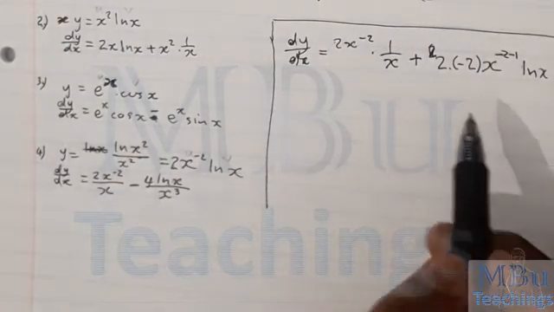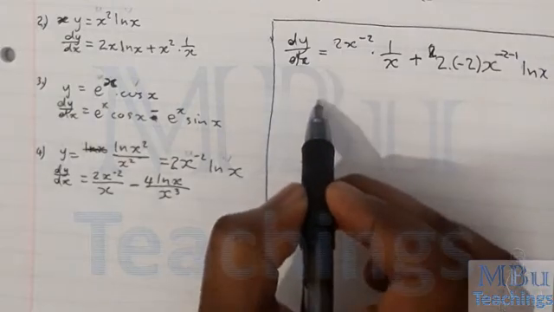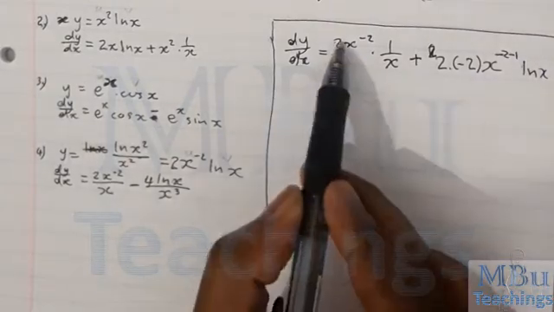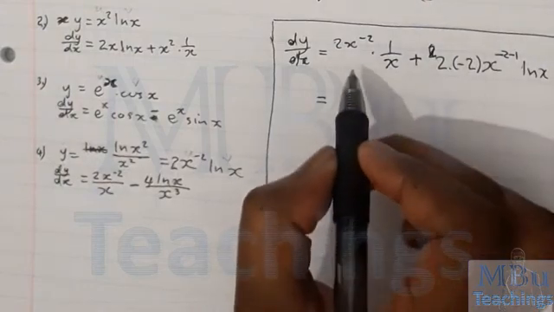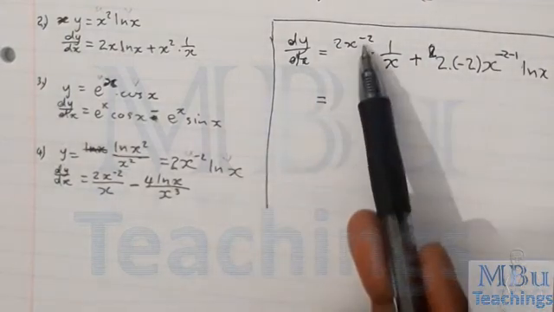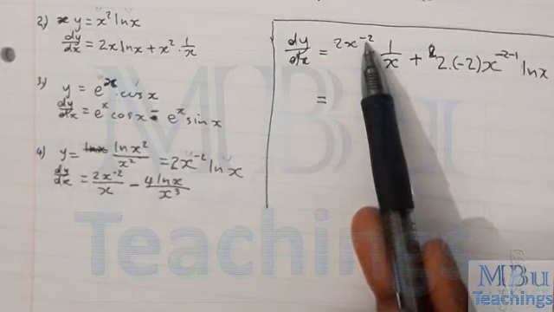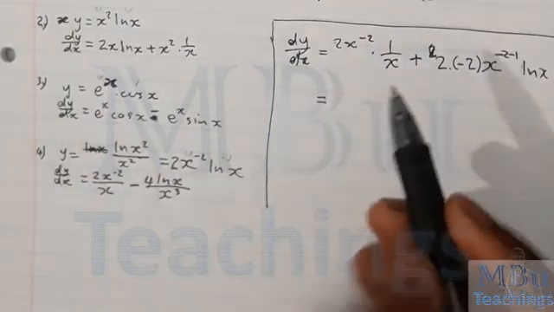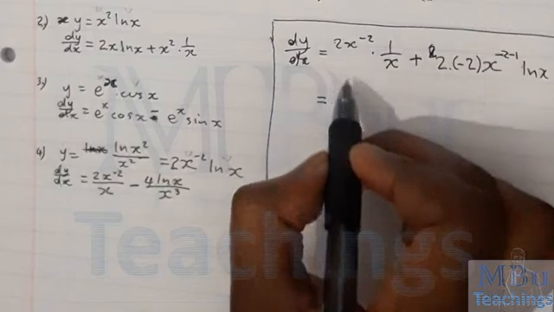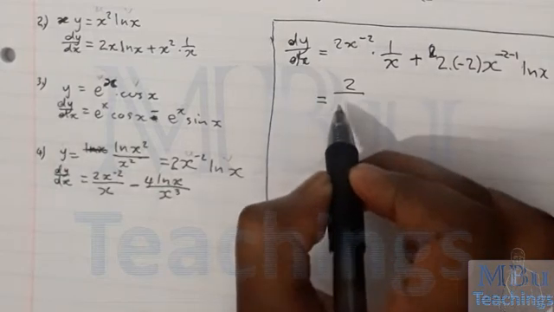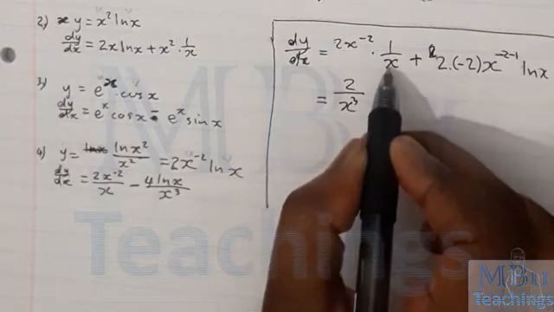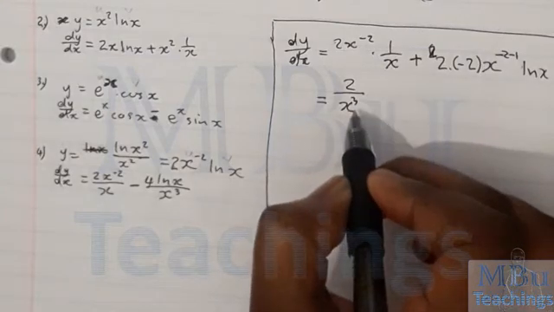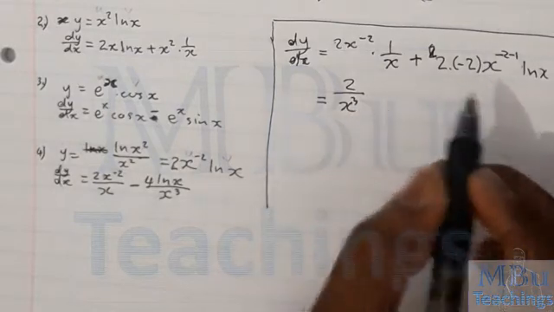The next thing to do, I just multiplied out, so I ended up with, alright, if you can see this is to the power negative, isn't it? Since it's negative, you can just bring it to the bottom, so you'll end up having 2 over x squared times this x, so it will end up being x cubed.